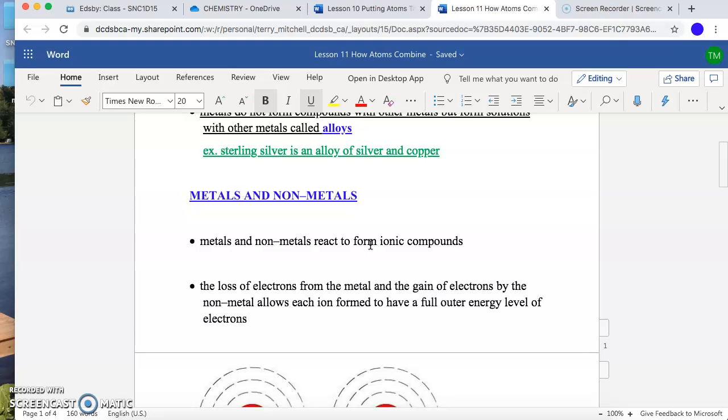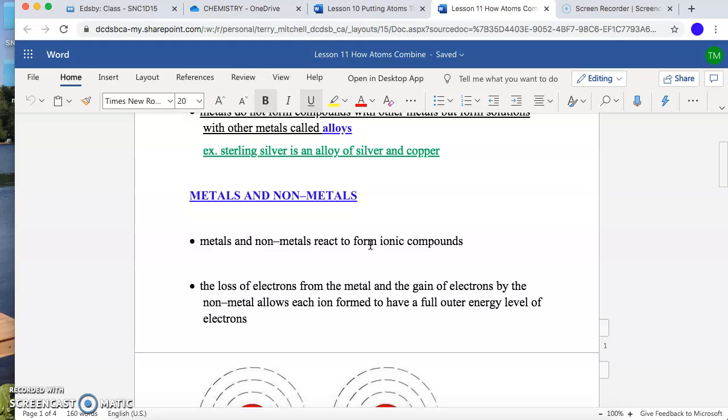Now, when an electron jumps from the sodium to the chlorine, the sodium then has one less electron than proton. It becomes positively charged by 1. And when that chlorine gets an extra electron, it gets a -1 charge because it has one more electron than proton.